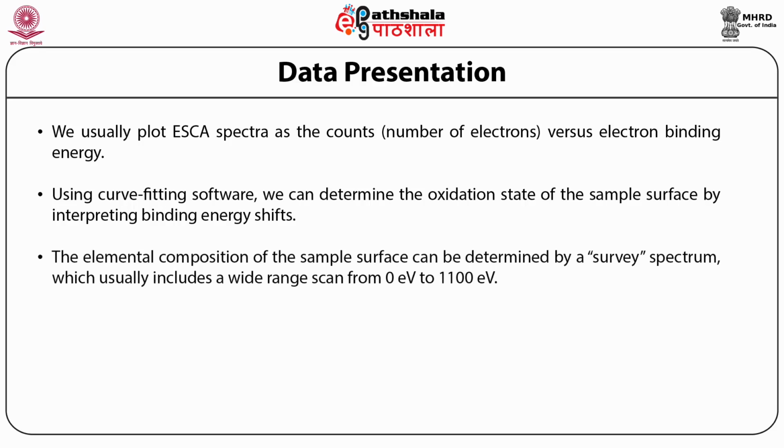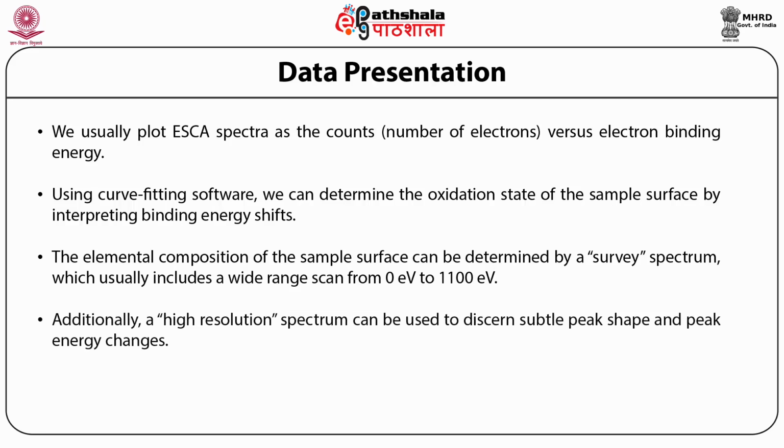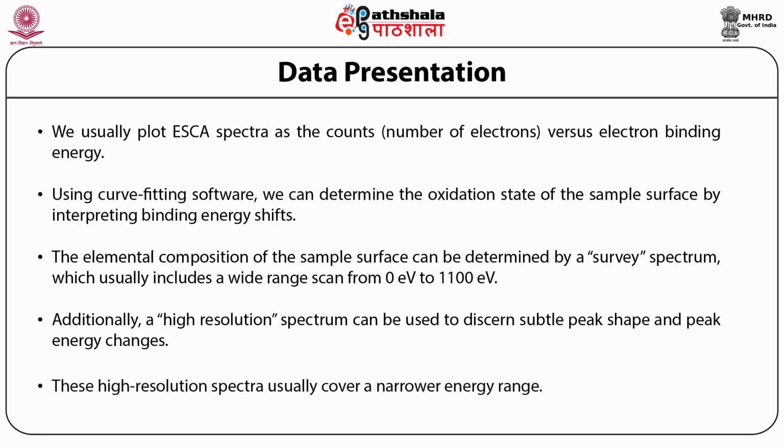The elemental composition of the sample surface can be determined by a survey spectrum, which usually includes a wide range scan from 0 electron volt to 1100 electron volt. Additionally, a high resolution spectrum can be used to discern stable peak shape and peak energy changes. These high resolution spectra usually cover a narrower energy range.